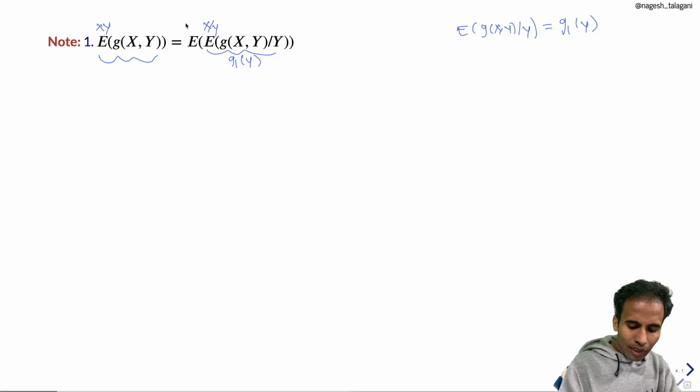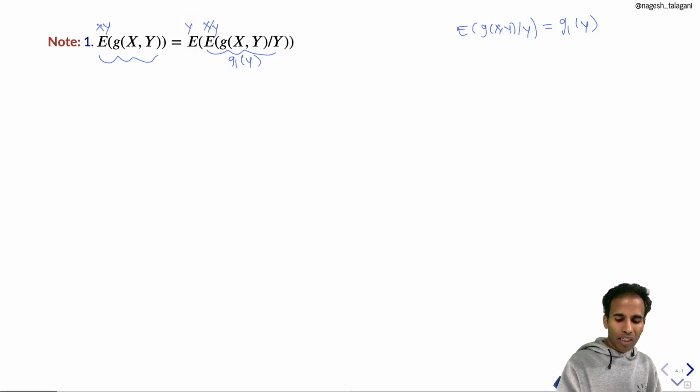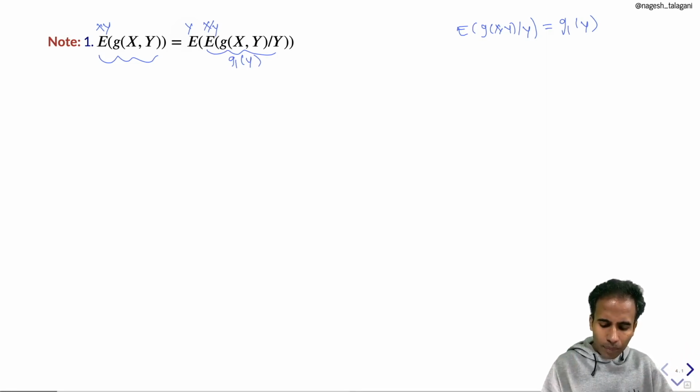So this is like a univariate expectation of g1 of y, because here we are using the PDF of y to compute the expectation of g1 of y. Okay. So this is the meaning of this expression. So I'm going to show that this joint expectation of g of x, y is going to be the univariate expectation of the conditional expectation. Before I prove it, let me give some intuition here.